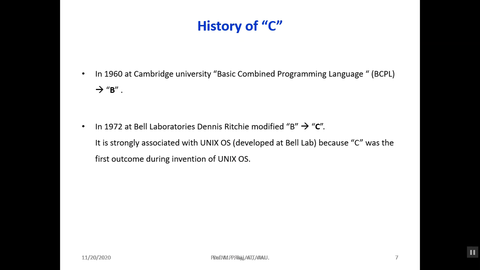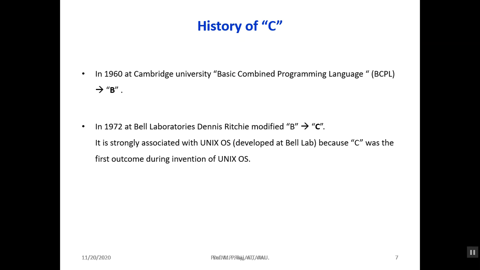What is C language? It is a high level language. We had seen this in our last lecture, and it was designed by Dennis Ritchie. Before C came into existence, we had a few more programming languages in the world, like COBOL, assembly, BASIC, and Fortran.